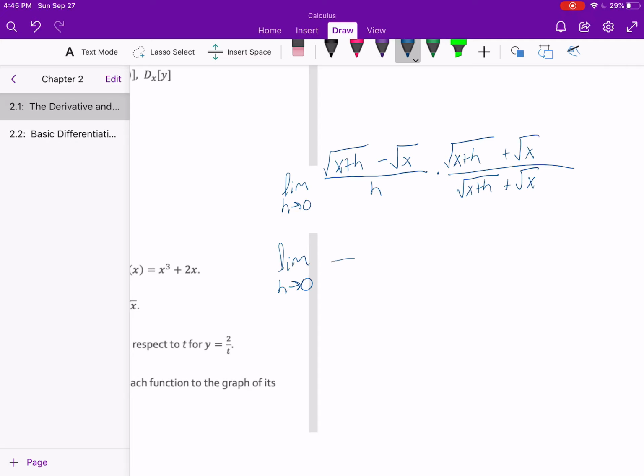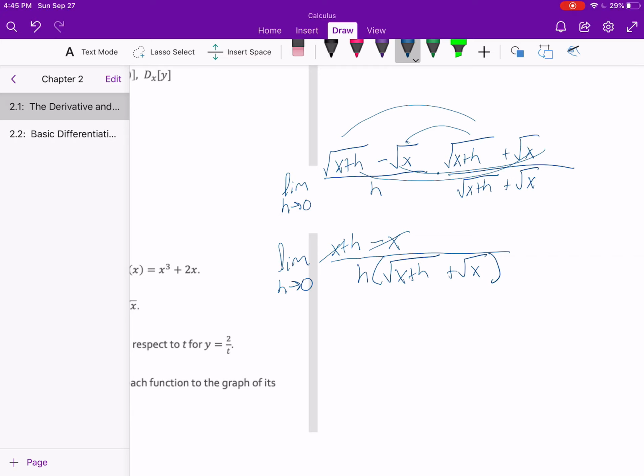So if we FOIL, this just becomes x plus h, and then our inside and our outside are going to cancel out. And then we're going to have minus x from our last. And then we have an h times the square root of x plus h plus the square root of x.